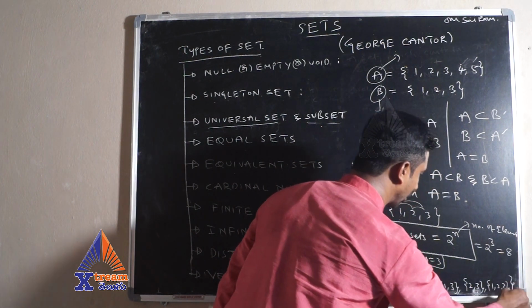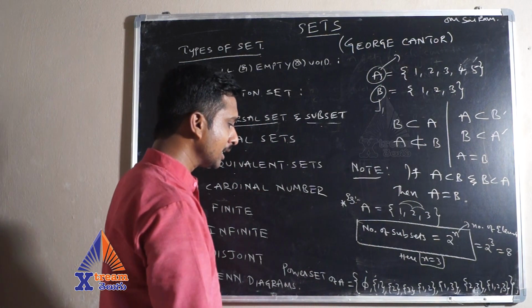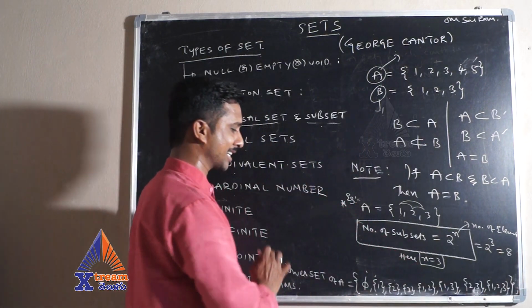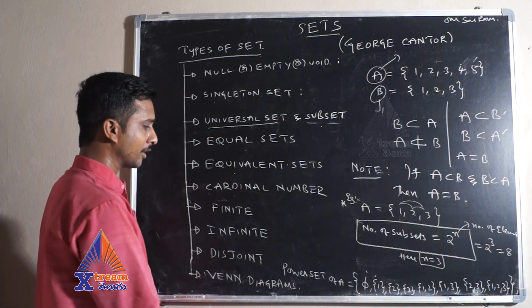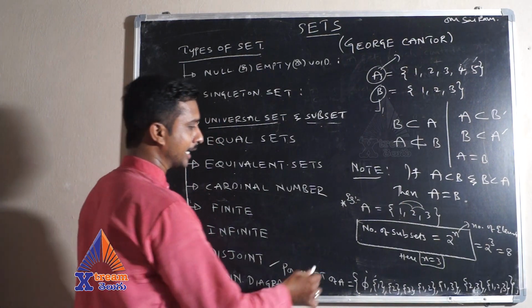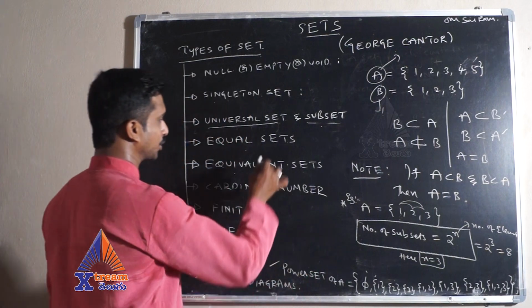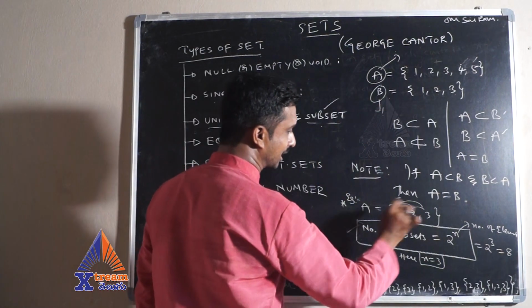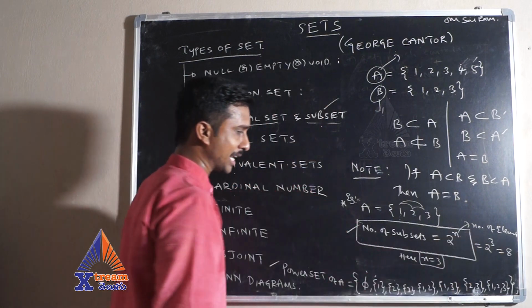So I need to write all the subsets in another set. That other set is nothing but the power set. So we have discussed the power set, subsets and the number of subsets. The formula is 2 power n.